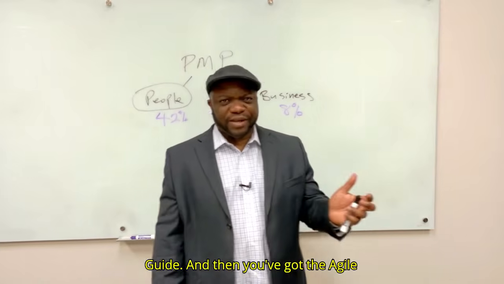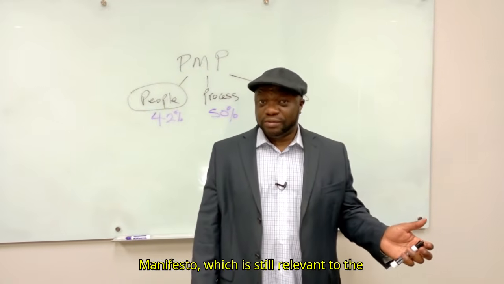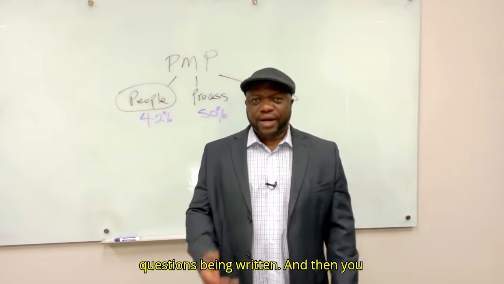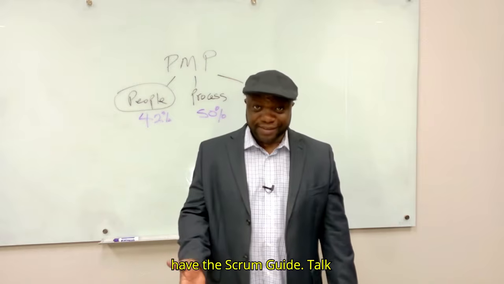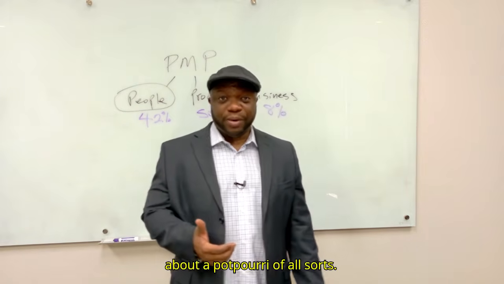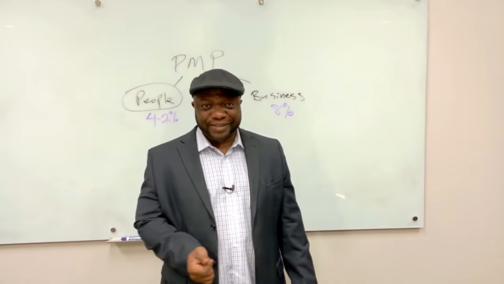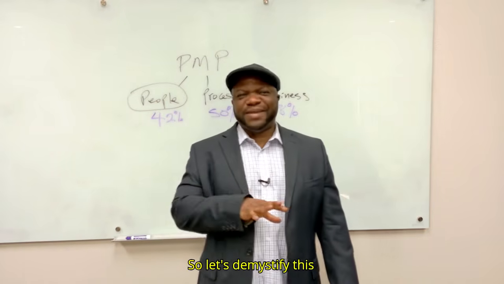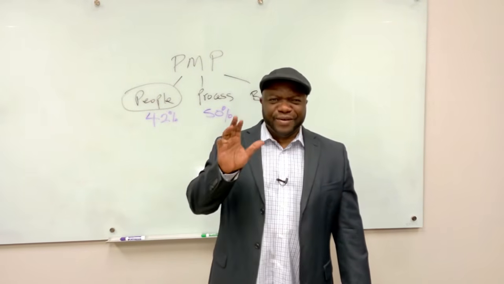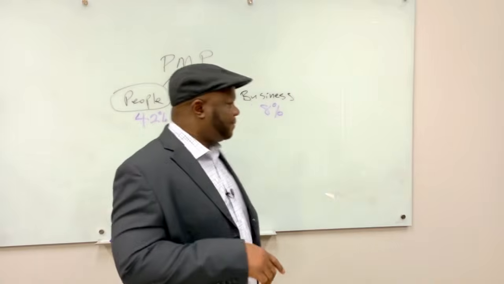And then you've got the Agile Manifesto, which is still relevant to the questions being written. And then you have the Scrum Guide. Talk about a potpourri of all sorts. So let's demystify this once and for all, okay?